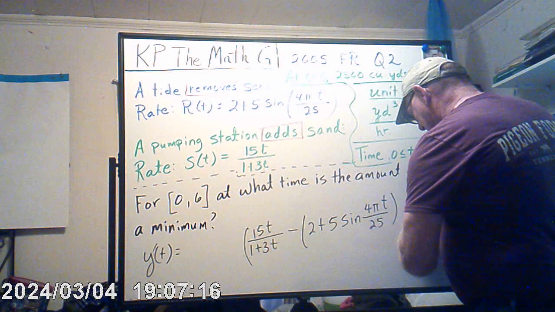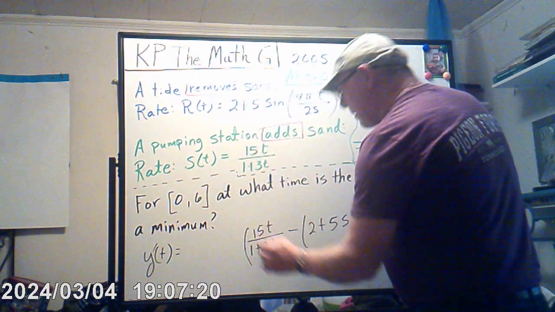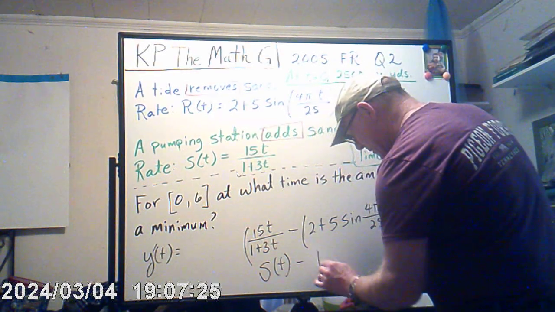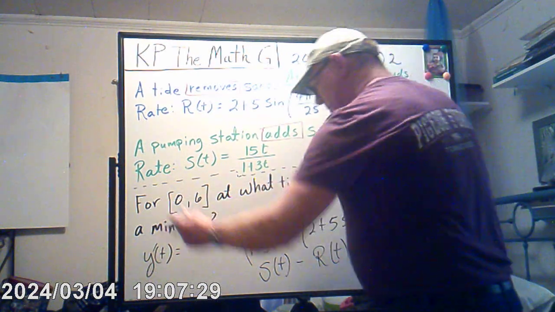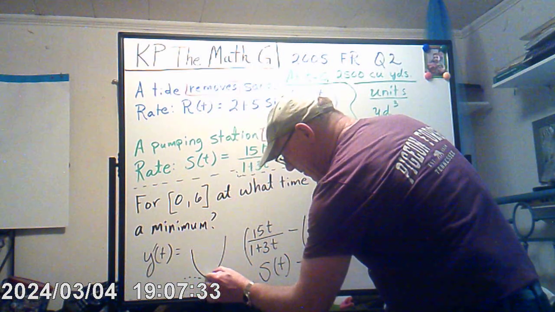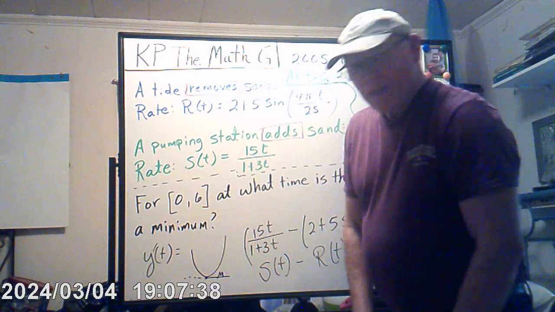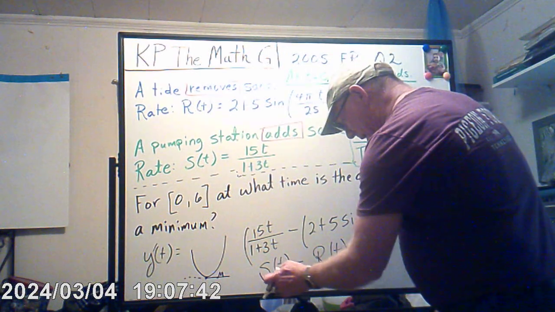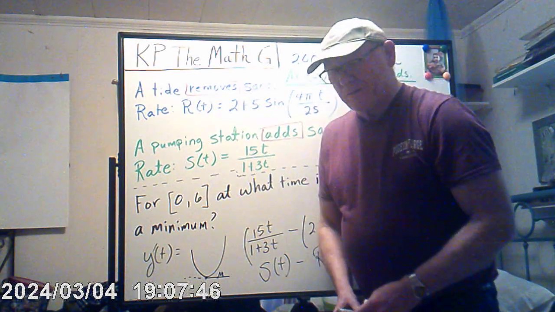It is going to be S at t minus R at t. If it's going to be a minimum, we know that there's going to be a horizontal tangent. So the slope of the tangent line to the curve has got to be equal to 0. So it's when S at t minus R at t is equal to 0.